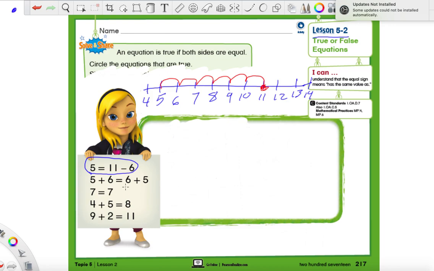Now this next one's going to be a little goofy because we have to completely solve both sides of this. But if you know your fact families, it might be really easy. So we have 5. Oh, you know what? Totally forgot something. There we go.